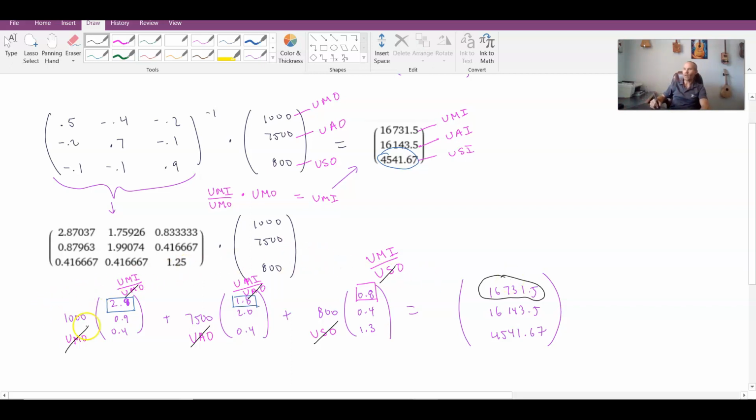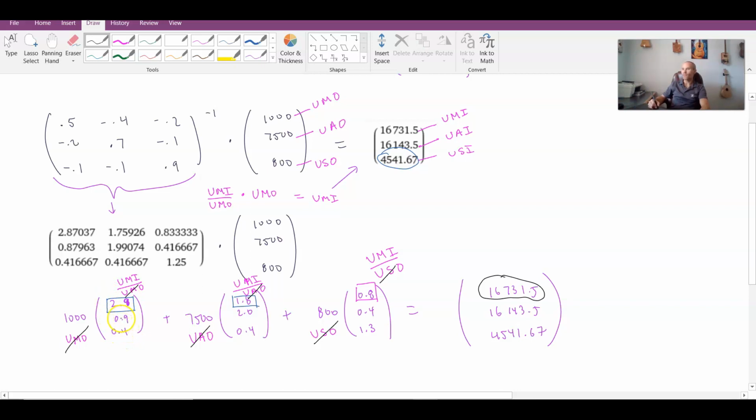So we can see that if you increase the production, for example, of manufacturing by 1 unit, that's going to have a much bigger impact on manufacturing than it will on agriculture and services.